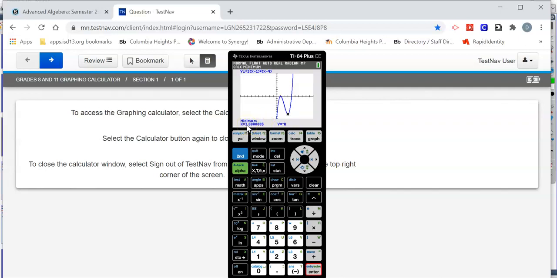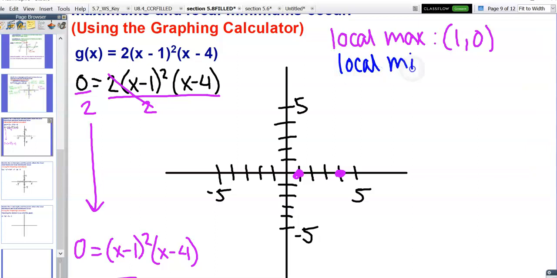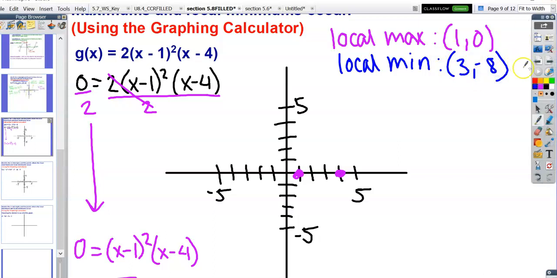So you can call that 3. And then for y, it equals -8. So we have another local minimum at the point 3, -8. So I'm going to go ahead, add a few more lines in here and plot that point.